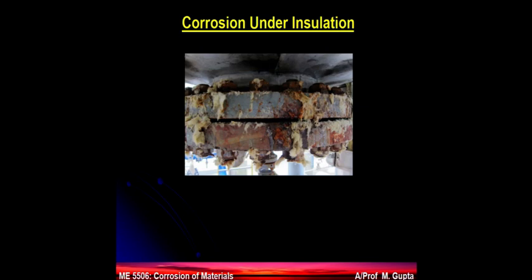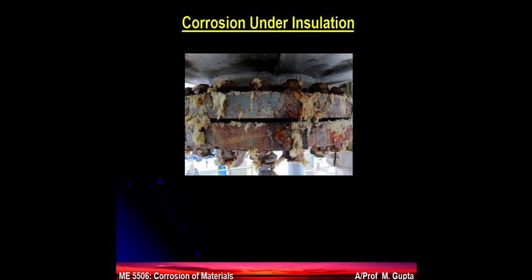To avoid heat loss from the pipe to the environment, you need insulation. When the environment is wet and the insulation is not good, and over time its quality deteriorates, then water can seep in and there's no perfect bonding between the insulation and the pipe. Crevice corrosion sets in, and that is called corrosion under insulation.